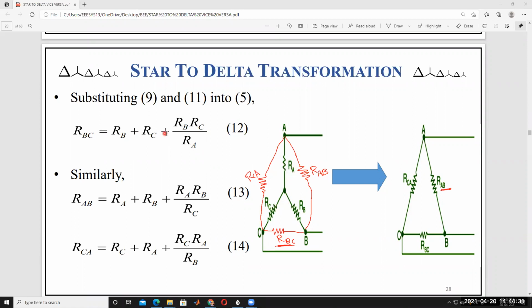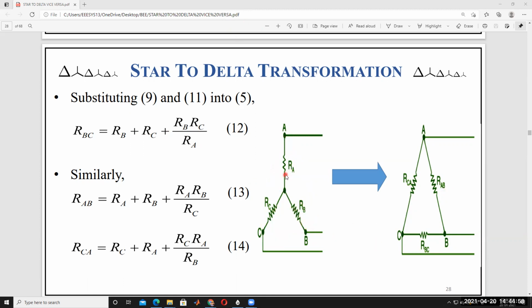Understood? Similarly, RAB is equal to RA plus RB plus RA into RB divided by RC. Similarly, RCA is equal to RA plus RC plus RC into RA divided by RB, the remaining. Understood? Nothing is simple.